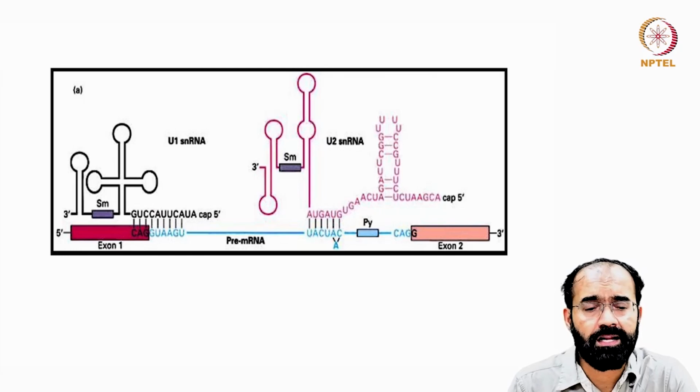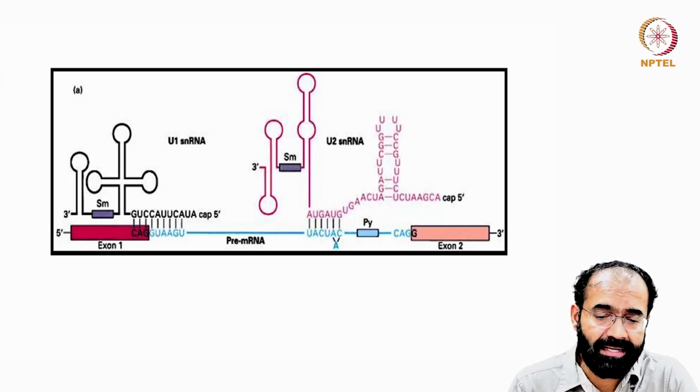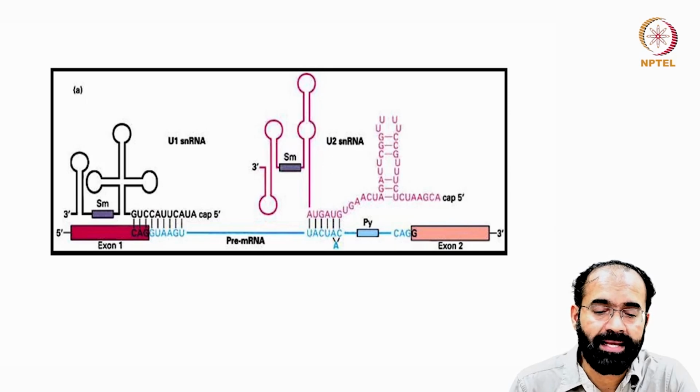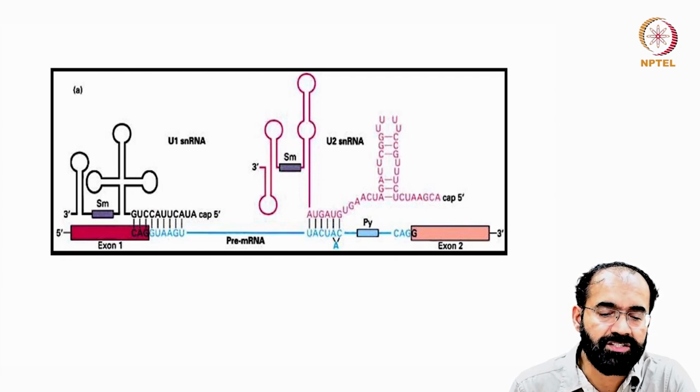You know, this pink color box is exon 1, and this orange or saffron color box is exon 2, and in between this blue line is the intron. An important point to understand is the exon 1 and intron 1 boundary. Towards the 3' end of the exon and the 5' end of the intron, you have a common stretch of sequence, that is CAG, GU, AA, GU.